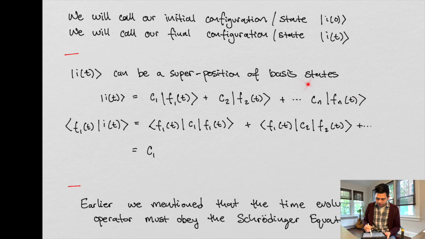And that's exactly what we're doing here. These are some arbitrary basis vectors, and the C's are the weights on those basis vectors that make up the initial state, okay?